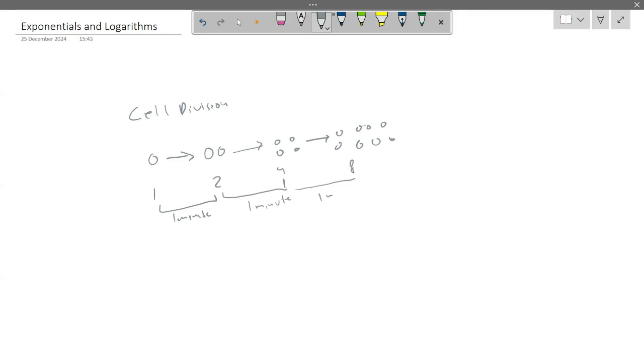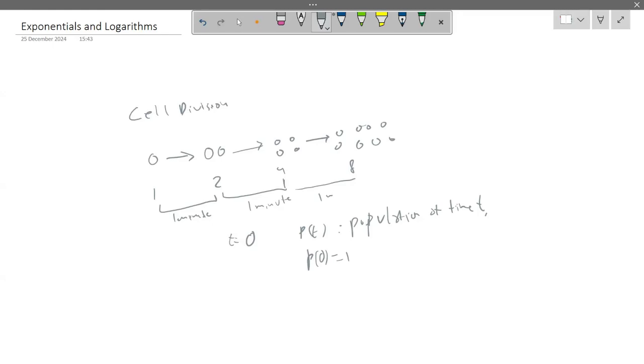So initially at t equals 0, if we allow the population at time t to be P(t), then we can denote the initial population to be P(0), which is 1.